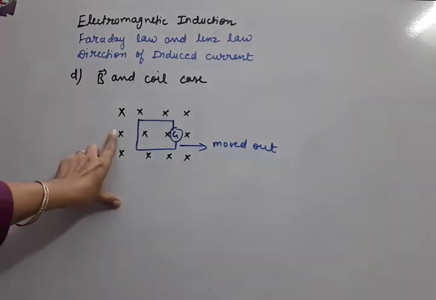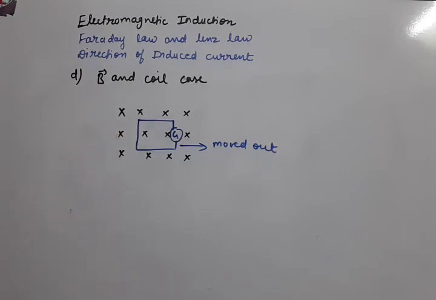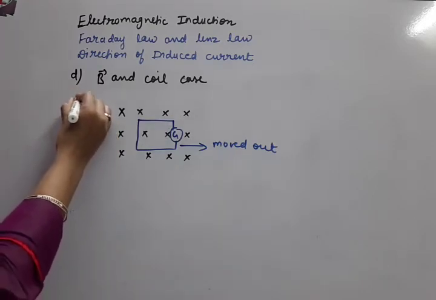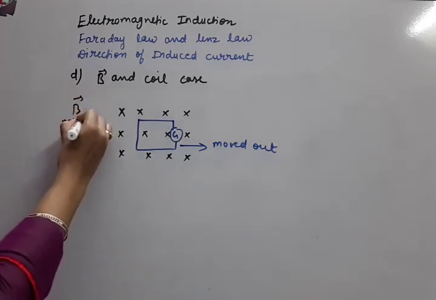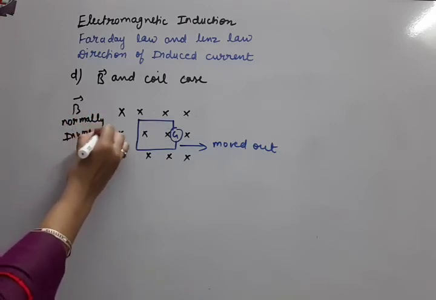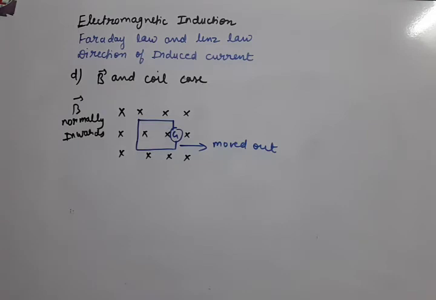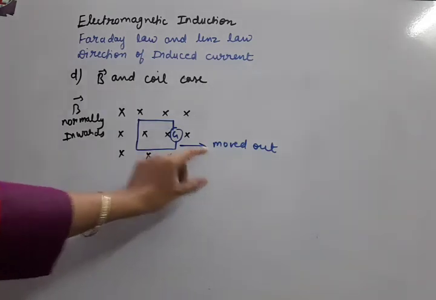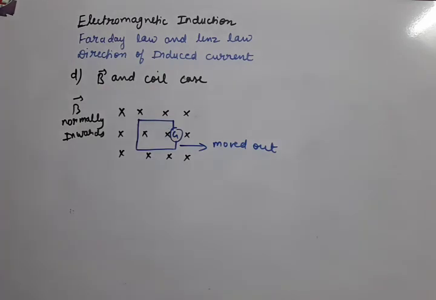See, the original magnetic field is normally inwards, because crosses are shown. Now let us see the case. Suppose the name of this coil is ABCD.